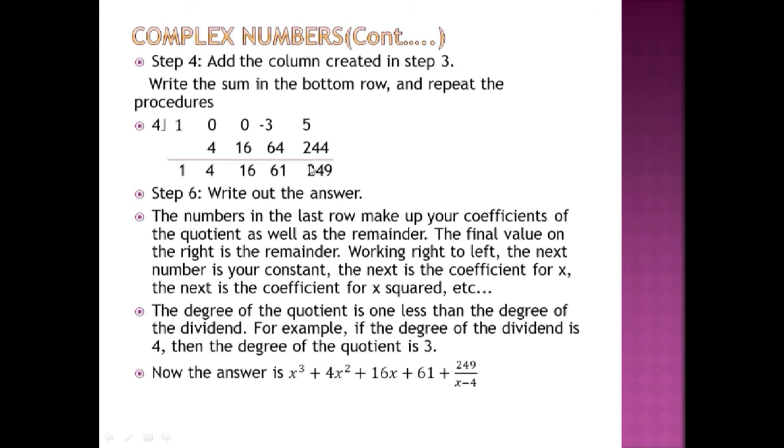But because this number 4 is not a factor of the above equation, there is a remainder. If the remainder is 0, then this is a factor of the given equation. Okay, we carry on like that.